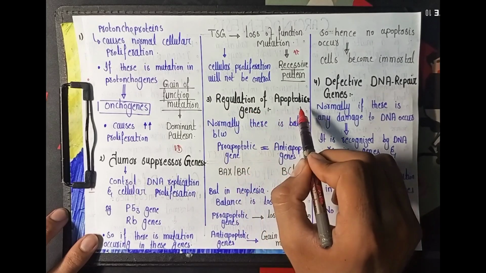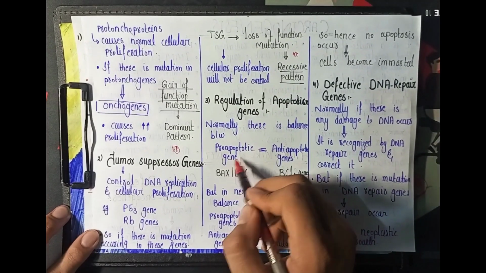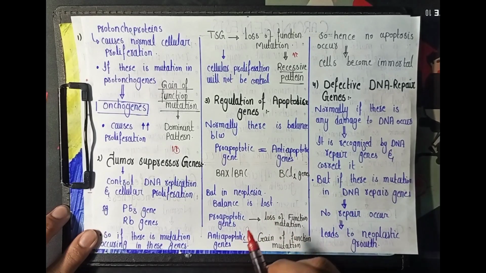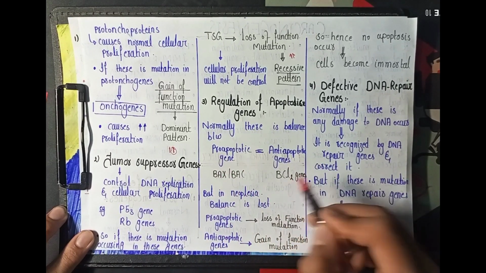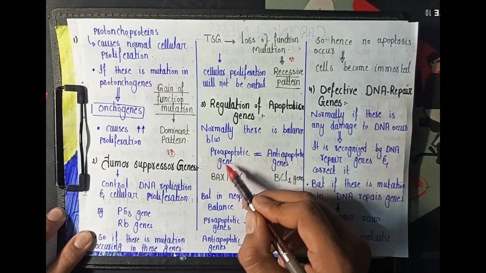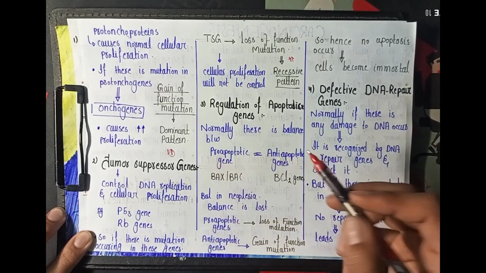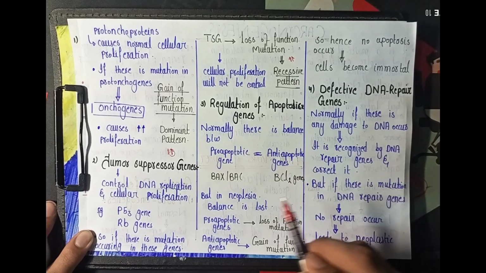The third one is regulation of the apoptotic genes. Normally, there is a balance between the proapoptotic genes and the antiapoptotic genes. The proapoptotic genes include the Bax and Bak family, and the antiapoptotic genes include the BCL2 gene. The proapoptotic genes induce the process of apoptosis, while the antiapoptotic genes inhibit the process of apoptosis.